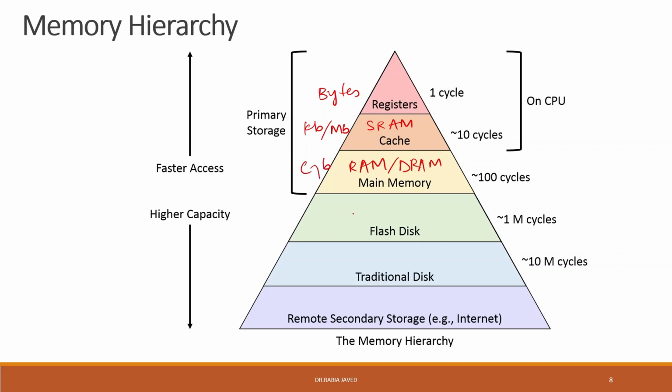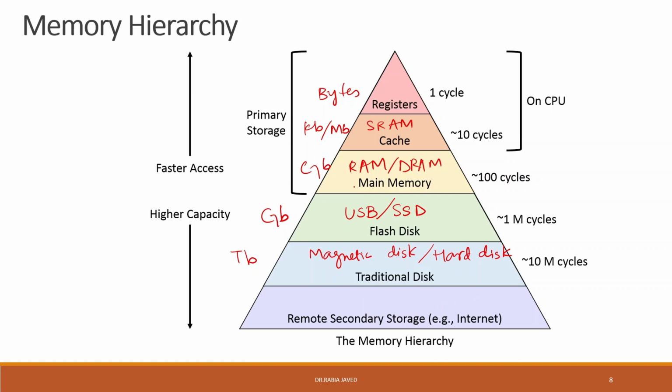And then we have flash disk. We are very used to using flash disk, USB and SSD. We can have GBs in here as well. And then in the traditional disk, we have magnetic disks, and even magnetic tape and hard disk. We usually see hard disk of 1 terabyte, 2 terabyte, and then finally we have the remote secondary storage, the internet.